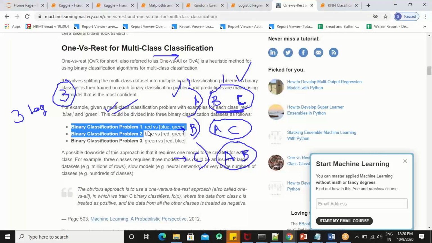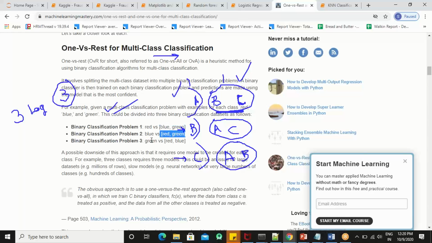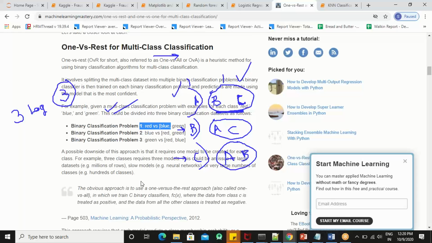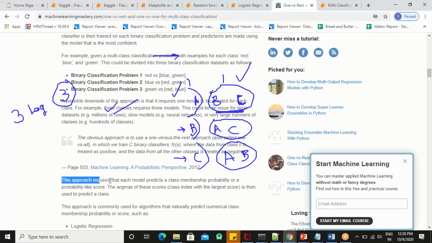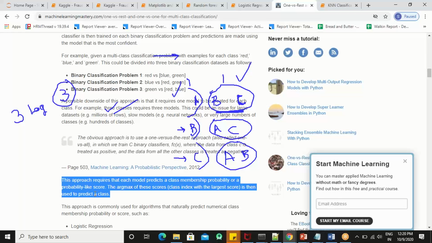If you have 3 classes and you have to predict the color, whether it's red, green or blue, one will try to predict whether it's red or rest, blue or rest, green or rest. You will get probabilities for each one of these. This approach requires that each model predicts a class membership probability or a probability score, and we take the argmax. इनमें से जिसका max score आया, it belongs to that. The one with the largest score will be given by the argmax, the index, like 0, 1 and 2. We were talking about it yesterday.